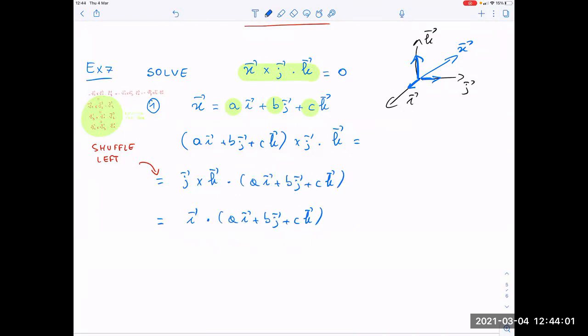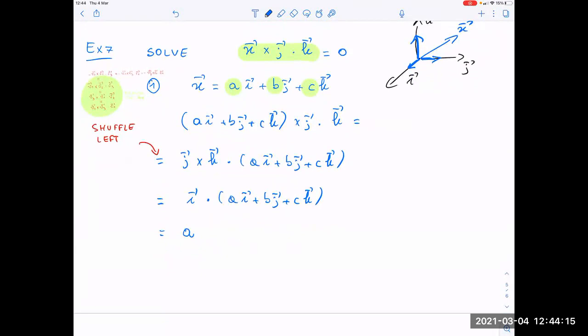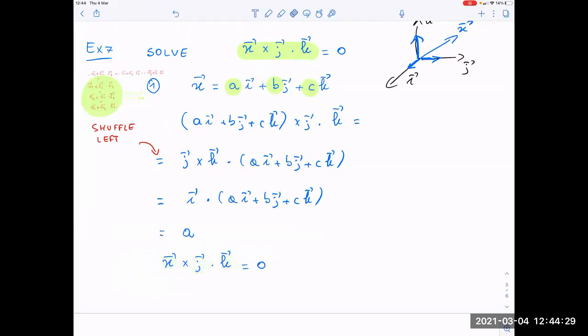And so the answer here is going to be A. So our conclusion is that this is true. So the equation is satisfied if and only if A is 0.